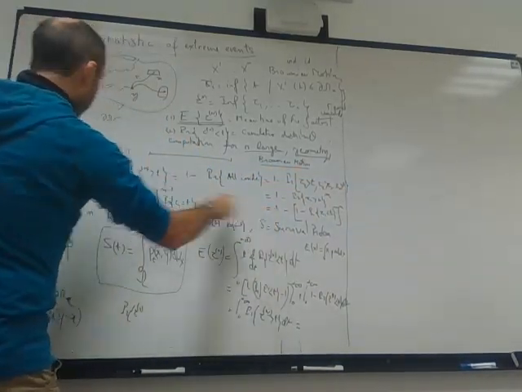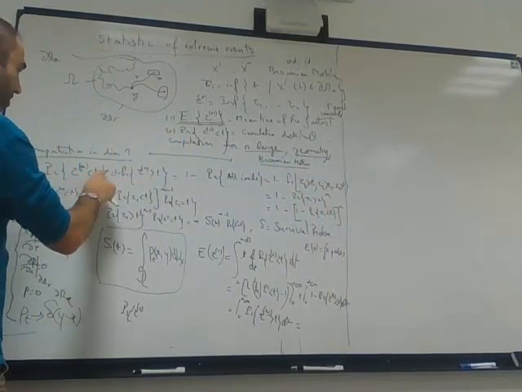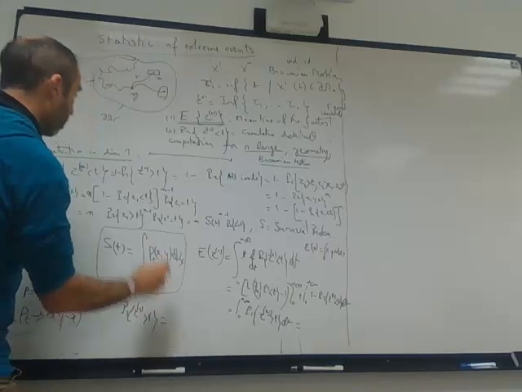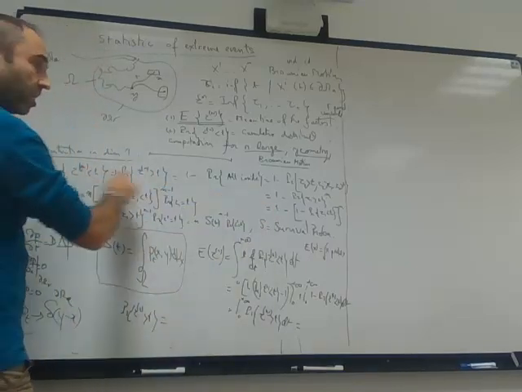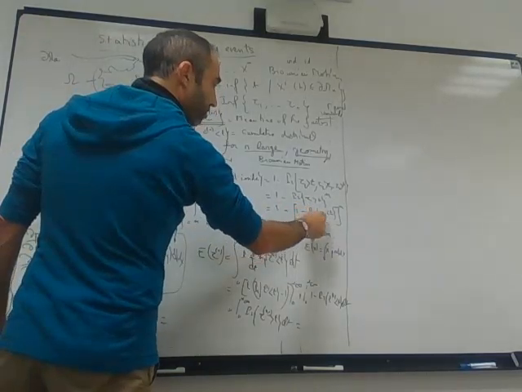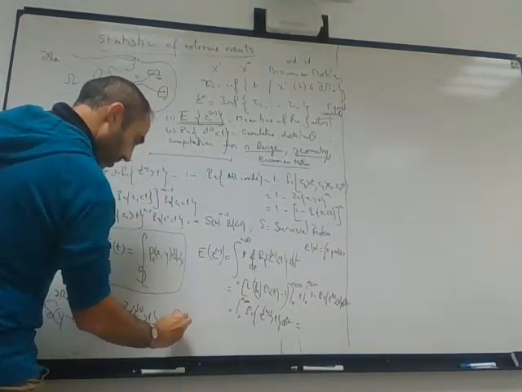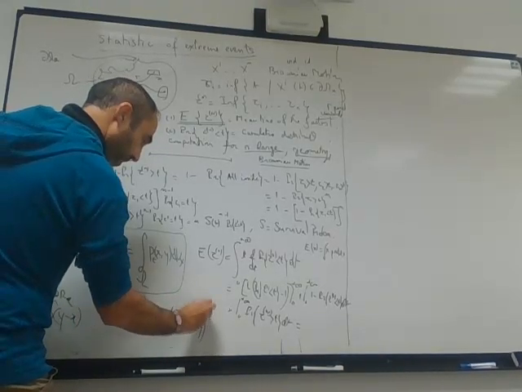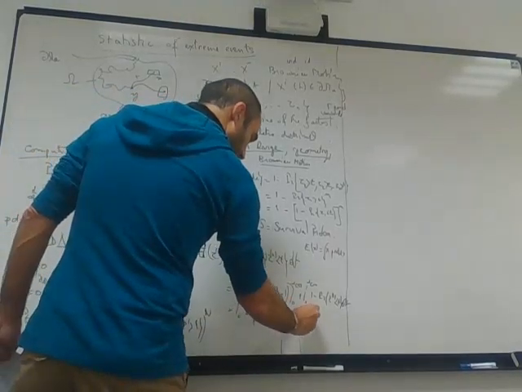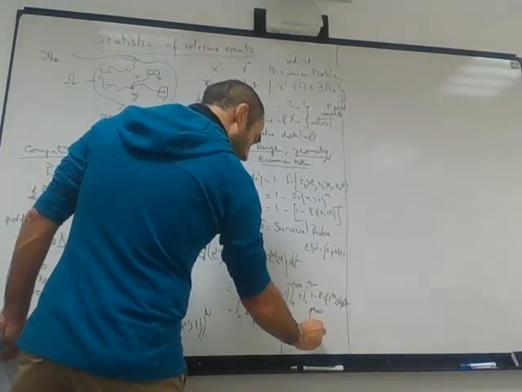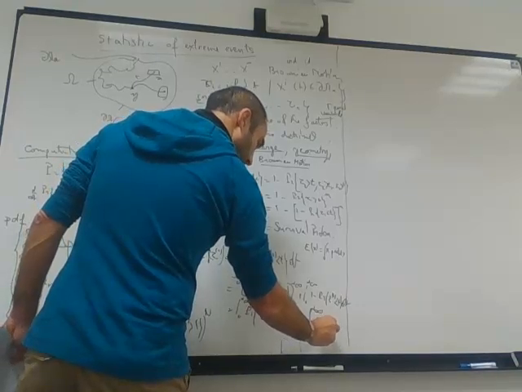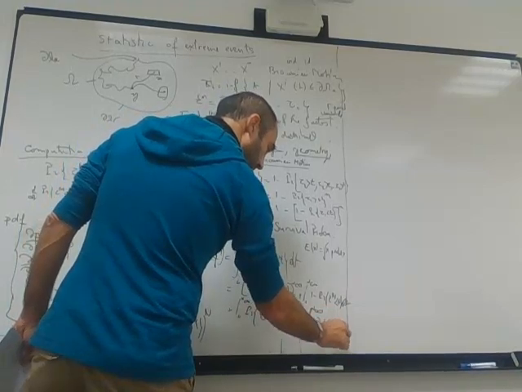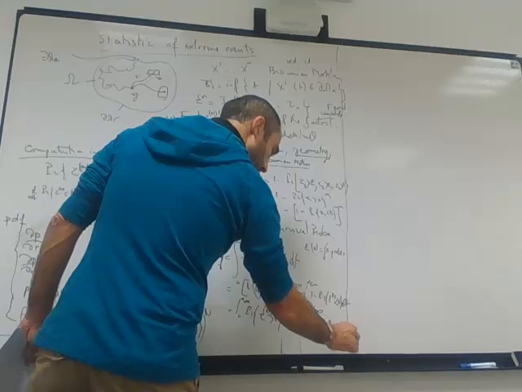So 1 minus this is exactly this one, which is the probability that tau 1 is larger than t to the power n. So this is the integration from 0 to infinity of the probability that tau 1, the first one of the particle, is larger than t, to the power n, dt.